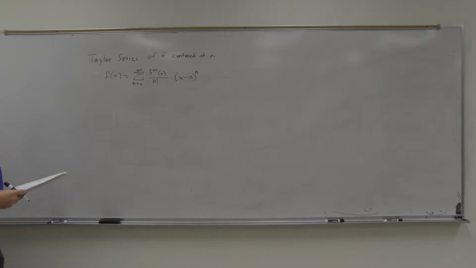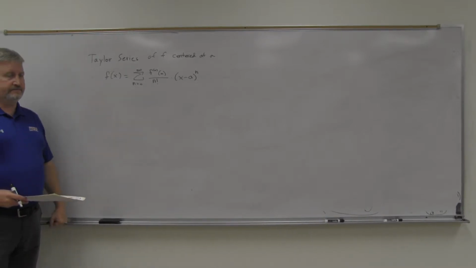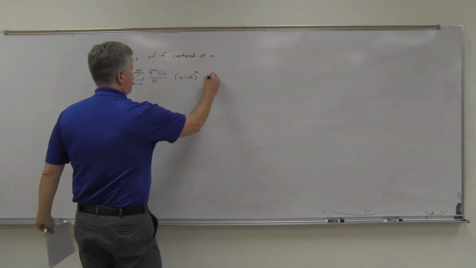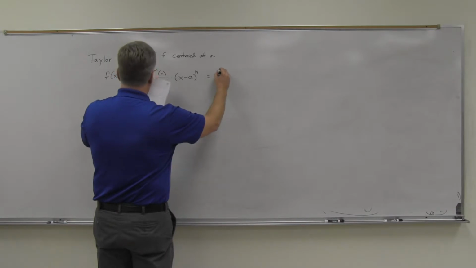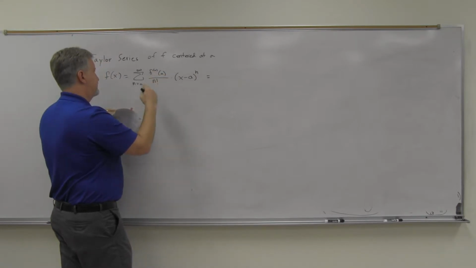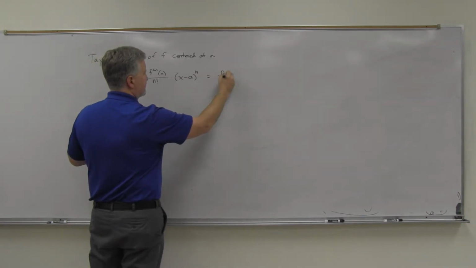Well, that goes from 0 to infinity. And so we could write out term by term what those are. So if we do n equals 0, f parentheses 0, that's just f of a.